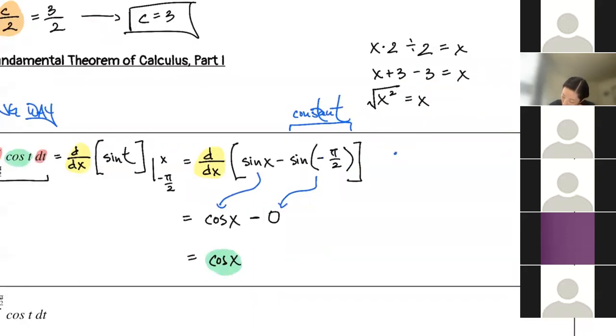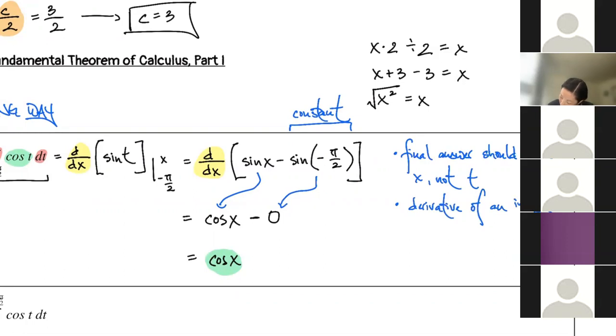Okay, so let's make note of these wonderful things that people are saying. In particular, our final answer should have x, not t. What else has been said? The derivative of an integral gives the original function.